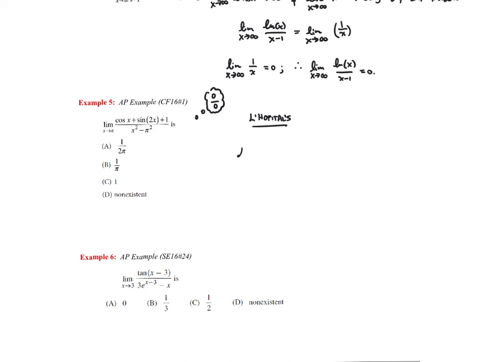Okay, so using L'Hopital's rule, I know that I can now just evaluate the limit as x approaches pi of the derivative of the numerator, which would be negative sine x, that's the derivative of cosine x, plus 2 cosine 2x, and then the 1 drops off. In the denominator, I would take the derivative of x squared, which is 2x, and the derivative of pi squared, which is 0.